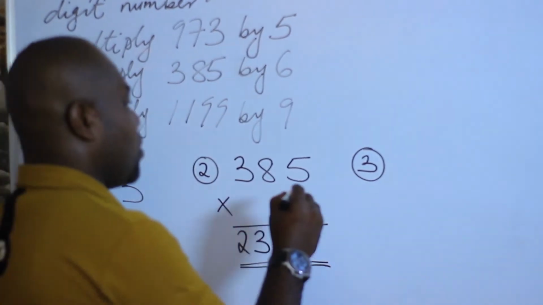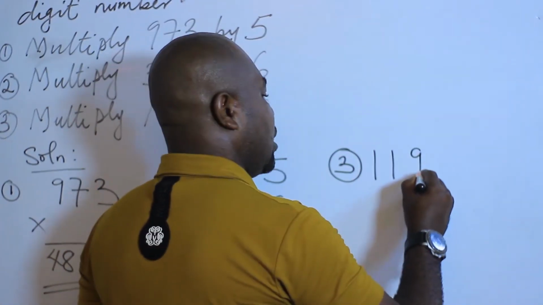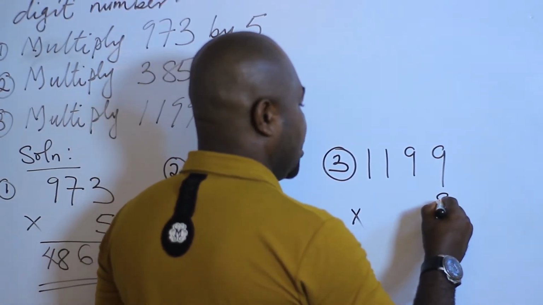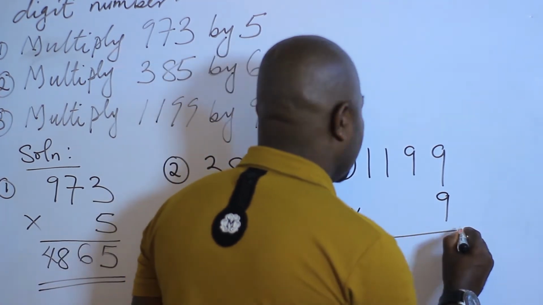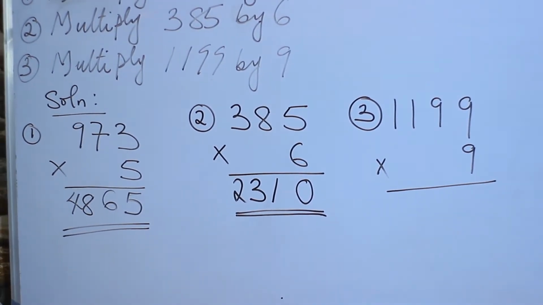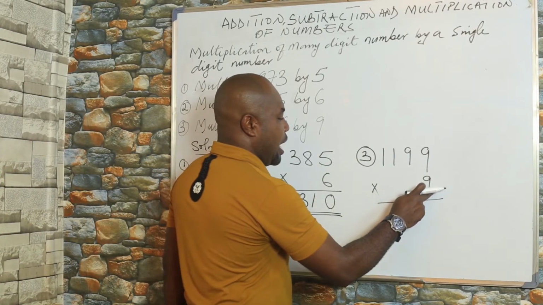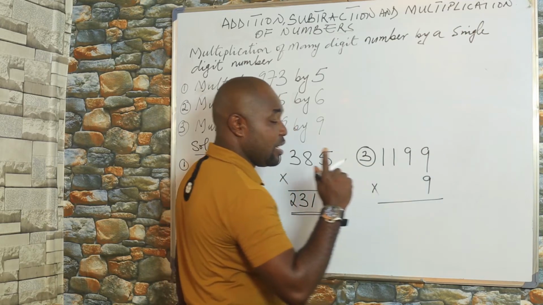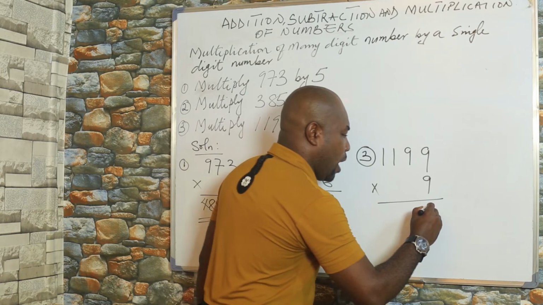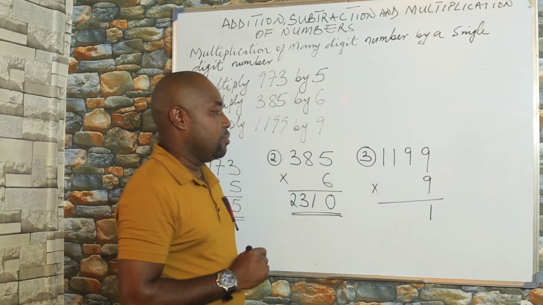1199. Multiply by 9. Nine times 9 is 81. We write 1, we carry 8.